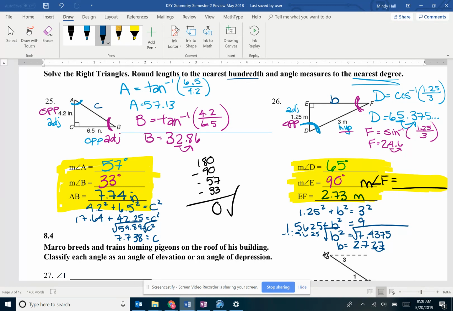So then that 6 tells us to round up, so angle F is 25 degrees. Or if you subtracted from 180, that is totally fine too. 180 minus the 90 degree angle we have, minus 65 gives us 25. So again, with that check, 180 minus all these degrees will give us 0. So we are good to go. All right.